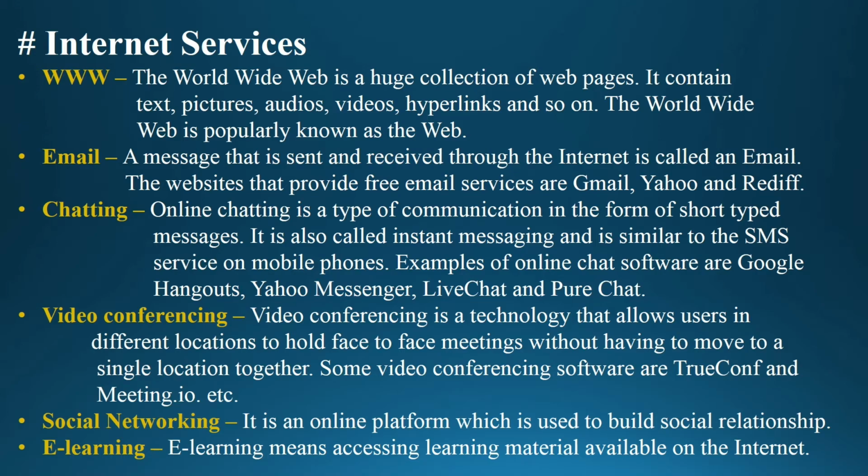Number 6, e-learning. E-learning means accessing learning materials available on the internet. It can be used to train a large group of students at a time. The learning material can contain various types of media such as audio, text, video, and animations.